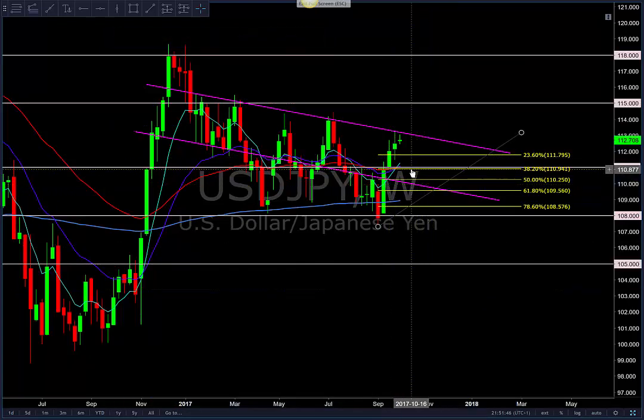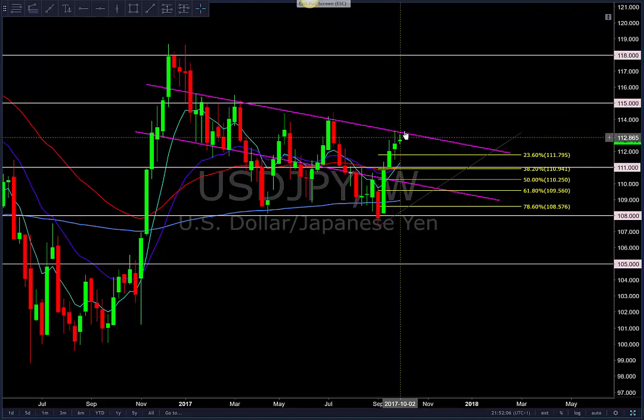So the first one being the 111 area, and the next one being the 110 to 109.50 area, also coupled with the 50% fib, which gives us a possible area where price could pull into, find an opportunity to create a higher low, and then that might give us the impetus to make the next leg up, taking out this high.